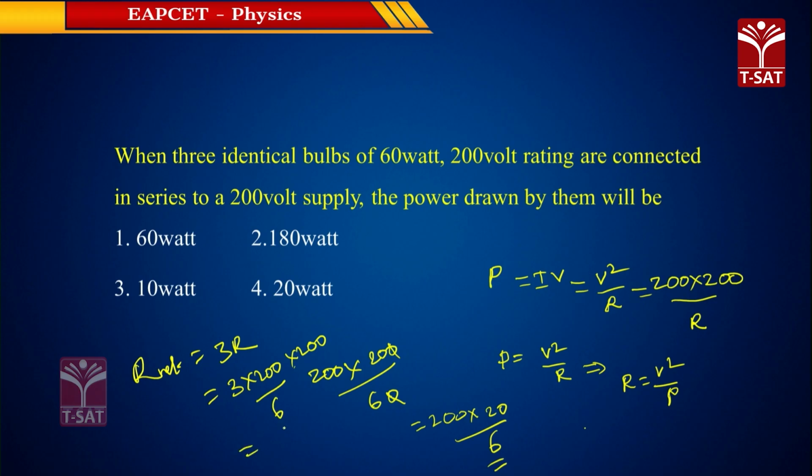That is the resistance value, 2000 ohm. Okay, therefore the power value you calculate, 200 into 200 by 2000. You calculate, this is 20 is the answer, 20 watt, that is the option.